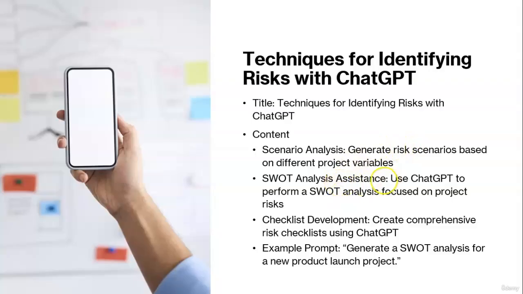Next case is SWOT analysis assistance. So use ChatGPT to perform a SWOT analysis, strengths, weaknesses, focused on project risk. A prompt might be, generate a SWOT analysis for a new product launch project. It can help you identify potential threats.